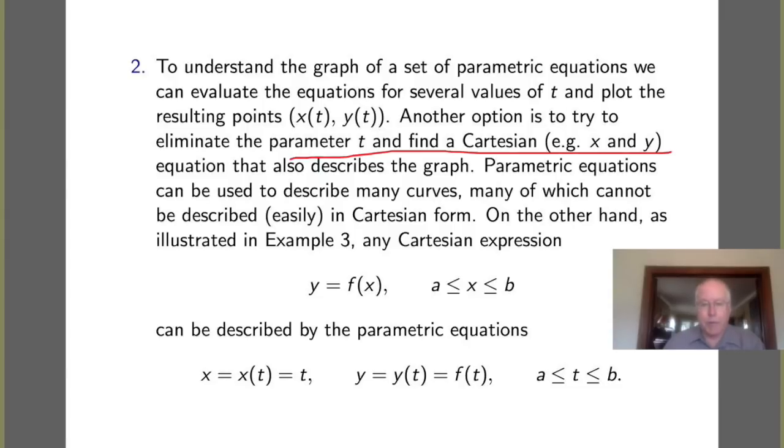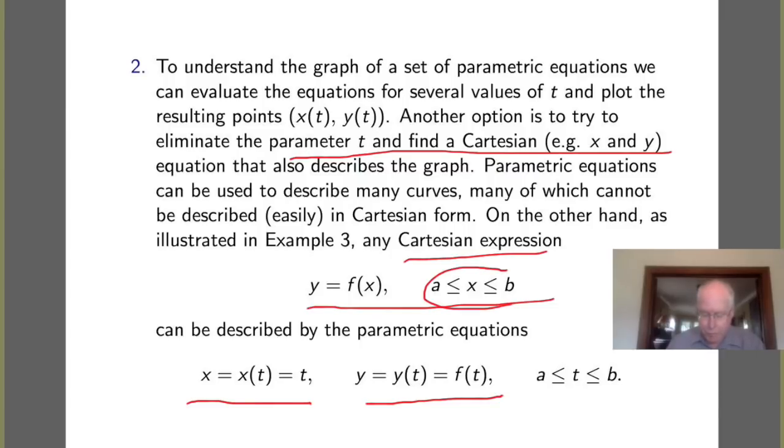Also, as we illustrated in example 3, any Cartesian expression y equals f of x can be expressed parametrically by just letting x equals t and then y of t equals f of t. And if x is trapped between a and b in our Cartesian expression, then the parameter t runs from a to b in this expression.